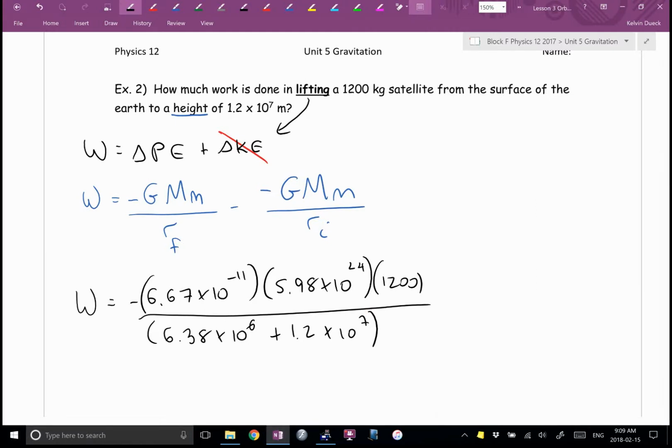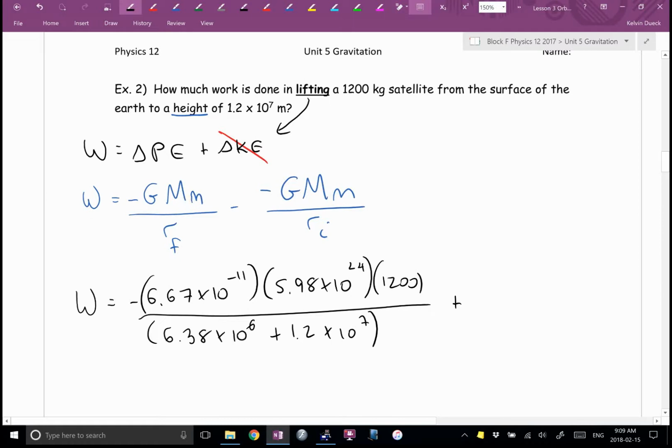Is that okay? What's a minus minus the same as? Are you positive? Okay. Now, look up. What letter?